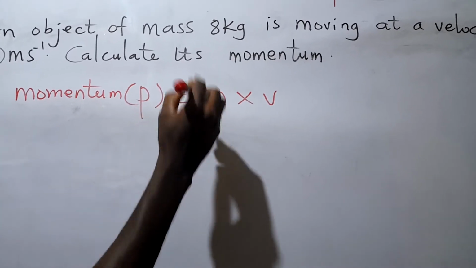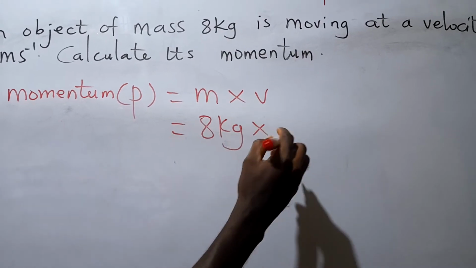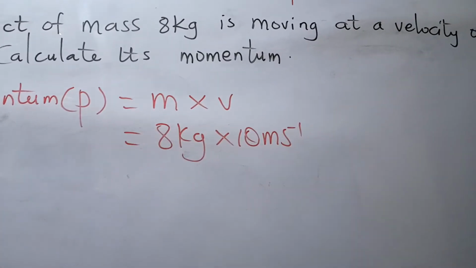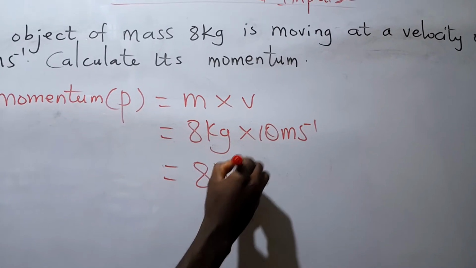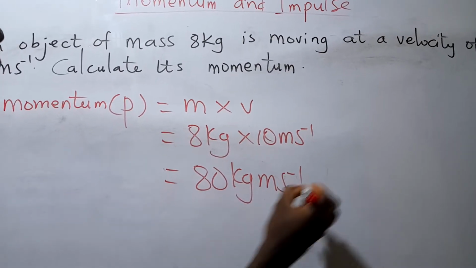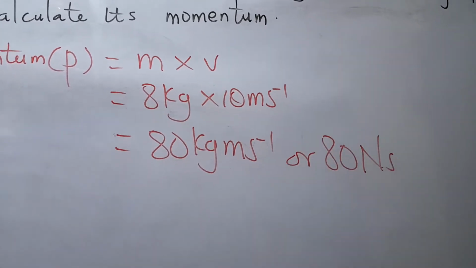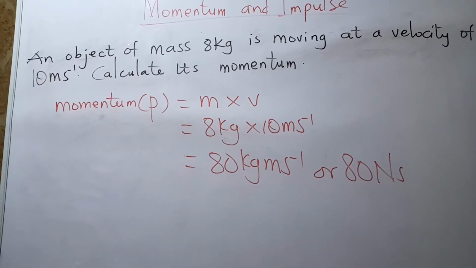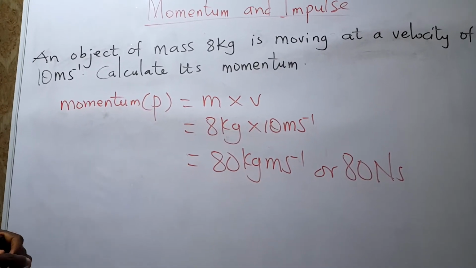So the mass is 8 kg and its velocity is 10 meters per second. 8 times 10 is 80 kilogram meters per second, or 80 Newton seconds. So the momentum of this object is 80 kilogram meters per second. I hope you get that.